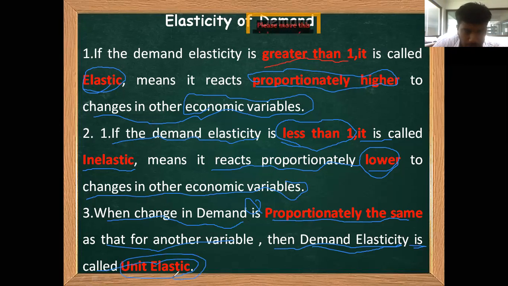When the change in quantity demanded to the change in the price is proportionally the same, both matching with one another, then the demand elasticity is called unit elastic. Unit means one.